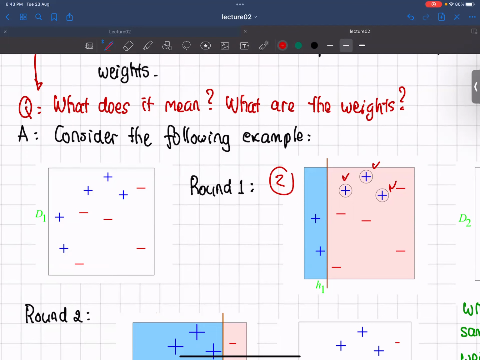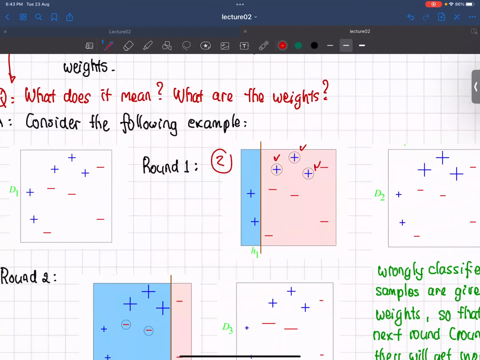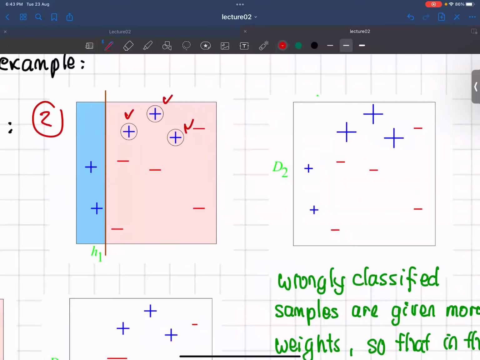And why is that the case? Because in the next stage, the classifier can focus more on the wrongly classified samples.